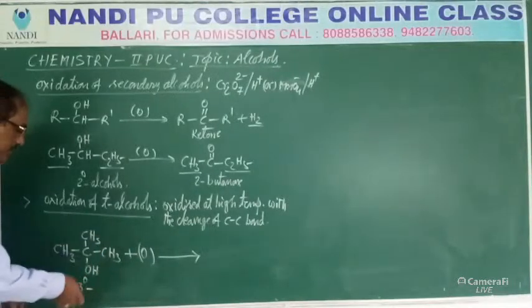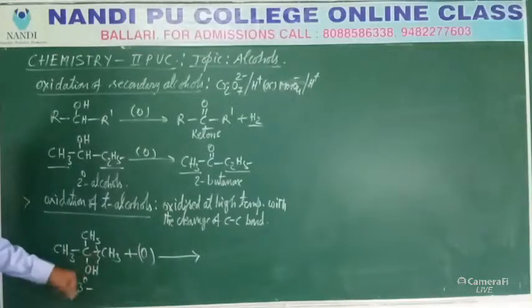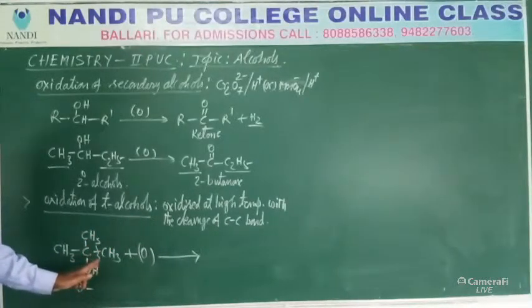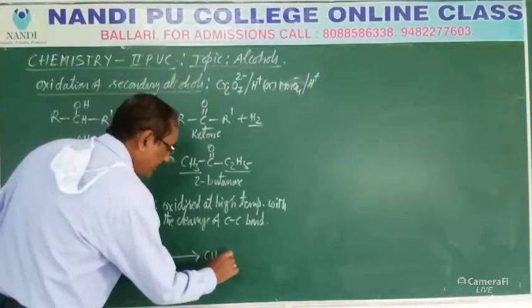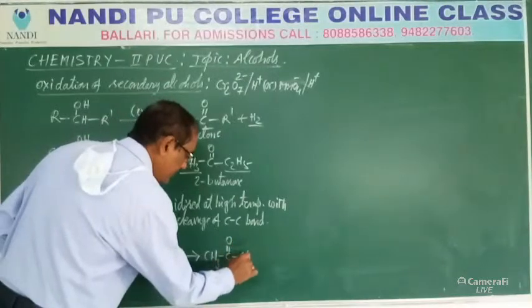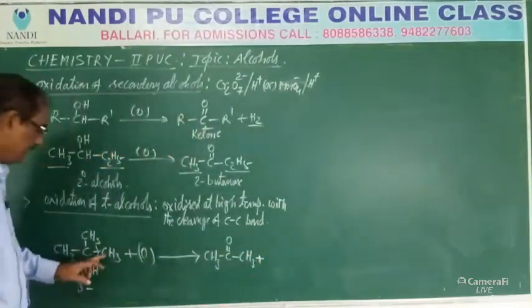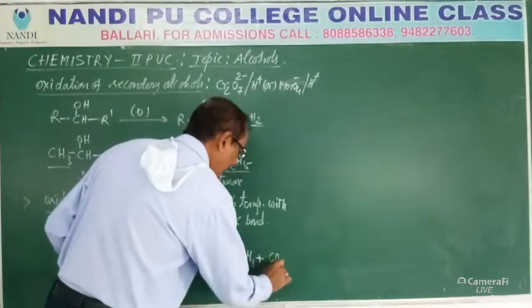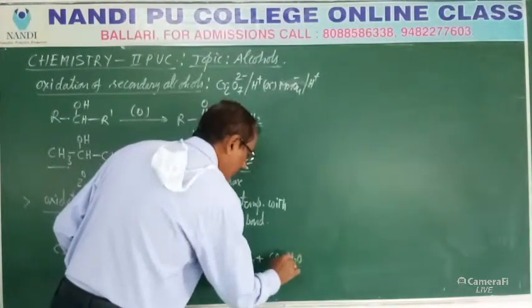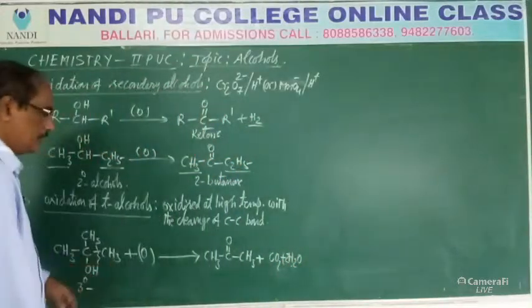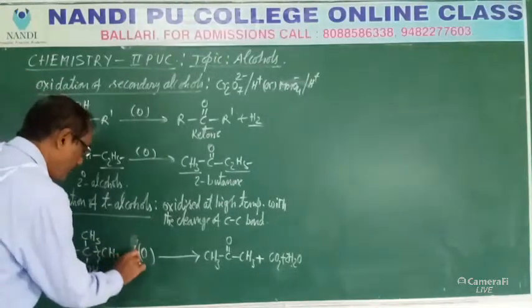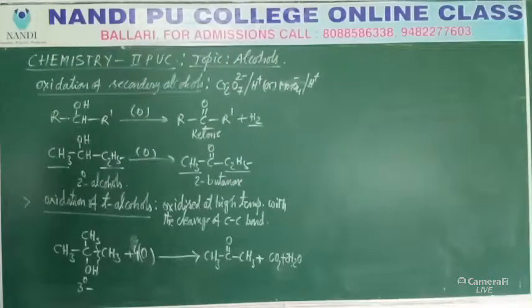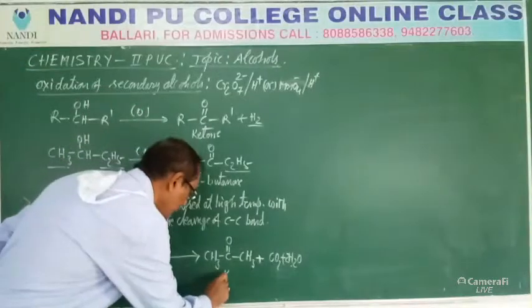Since all are same, I have taken the cleavage here. I get CH3COCH3 plus CO2 plus H2O. We have to take 2 H2O, so to balance this we need 4 oxygen atoms. That means a tertiary alcohol is oxidized to ketone.